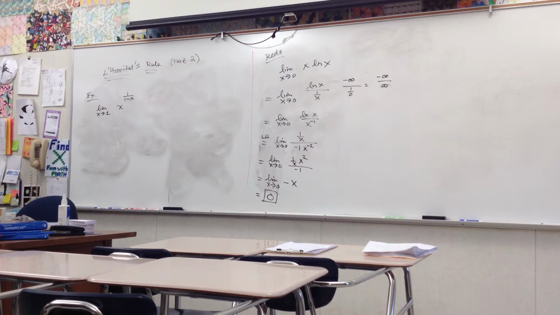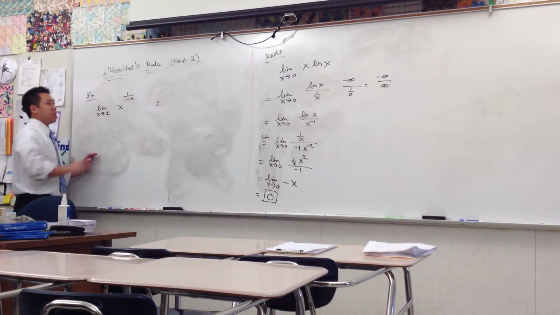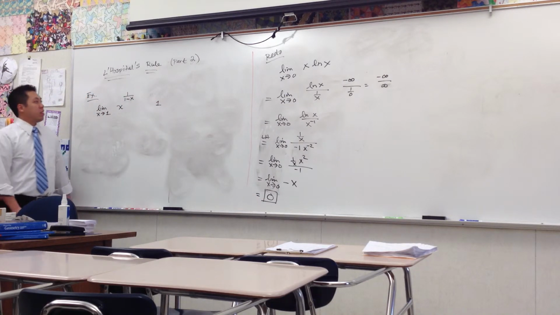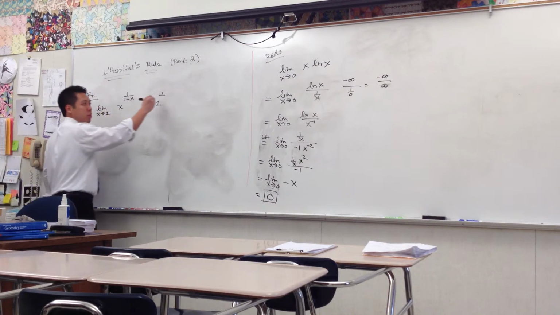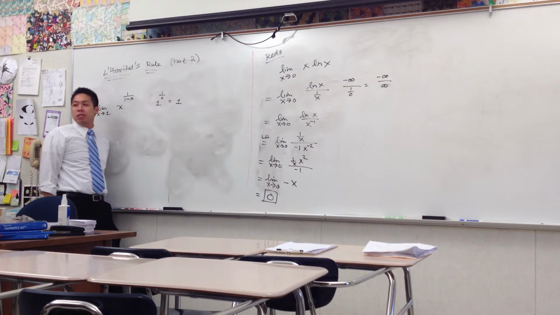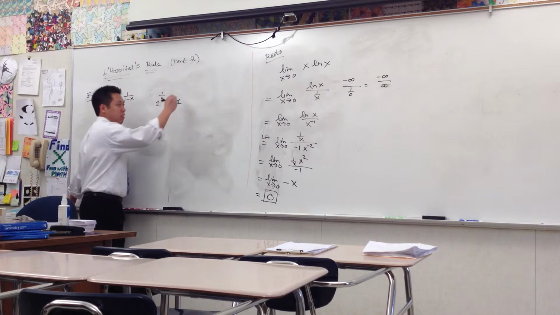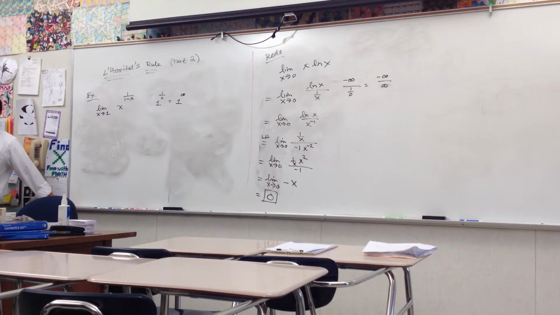Let's see what we get. You get a 1 here, and in the exponent you get 1 over 0, which is infinity, right? So 1 to the infinity. Could be infinity, could be 1, right? 1 to anything is 1. So this is indeterminate.